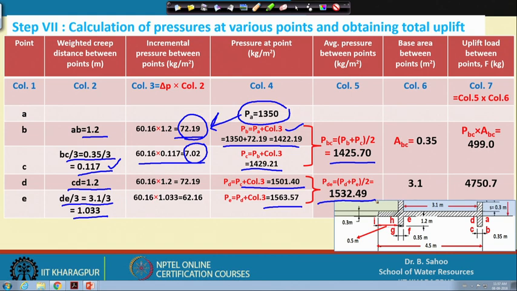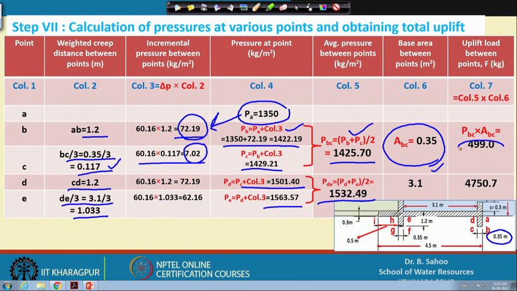Now, the base area for B C per unit width of the structure equals 0.35. You can see the length of B C equal to 0.35, and 1 meter is perpendicular to the plane of this paper. So, that is equal to 0.35 into 1. So, you will get 0.35 meter square. Pressure into the area gives the total force.